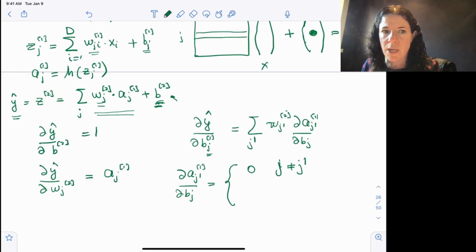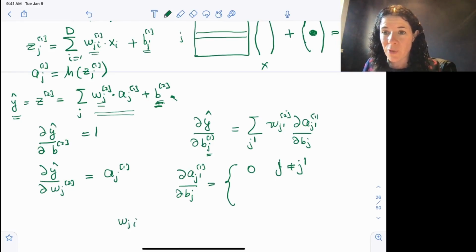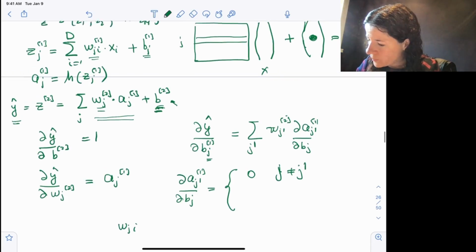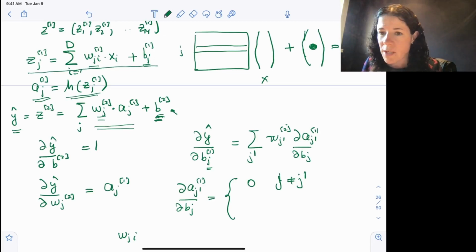Basically, these weights w_ji are all different for different j's, so you're multiplying weights that are different for different j's. The definition of a_j is h of z_j, and only the ones that have the same j are using this w_ji. So if you have a different j prime, it's just going to be 0 because it doesn't depend on b_j.